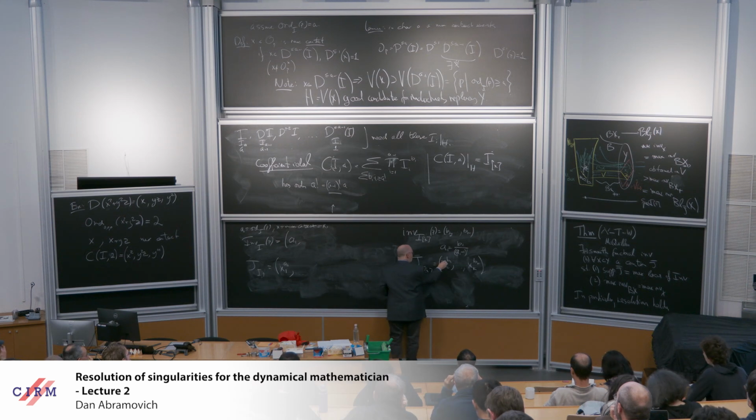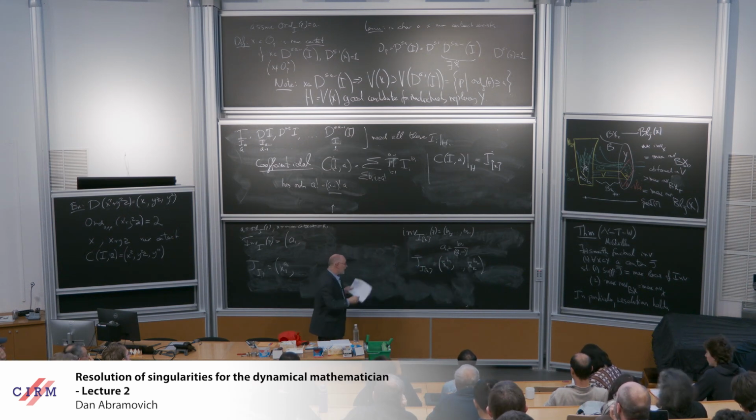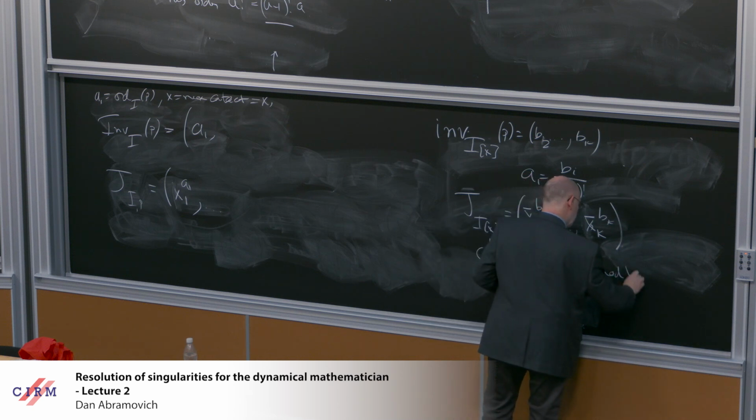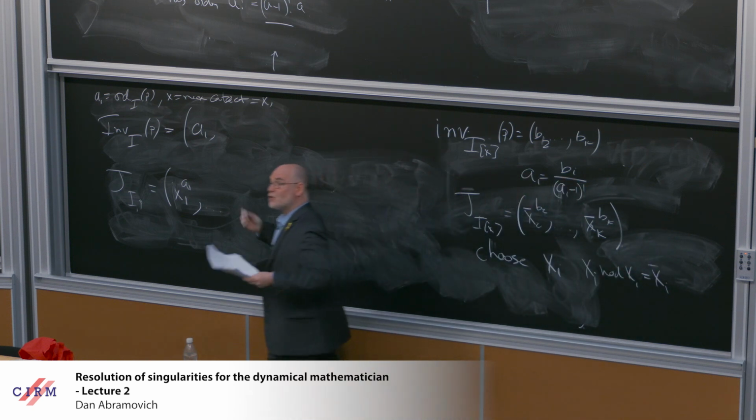Except that these are variables on H, so I'll call them xi bar, and I'll choose xi such that xi mod x1 is xi bar. So I choose lifts.